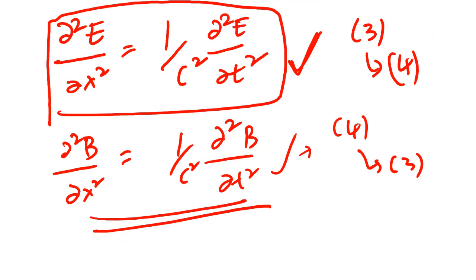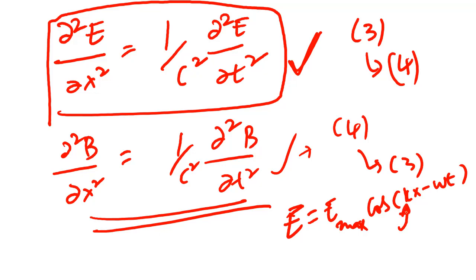The solutions to these equations are essentially the electric field is equal to E max times cosine(kx minus omega t). So this k is what we call the wave vector that we have discussed in the previous lecture, and this omega is the frequency or the angular frequency, right?